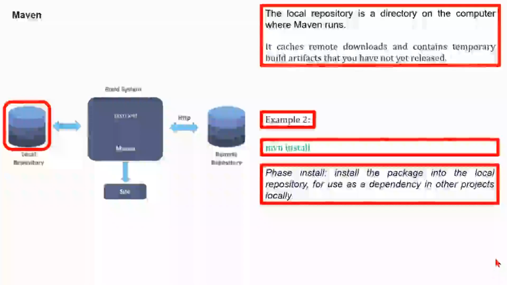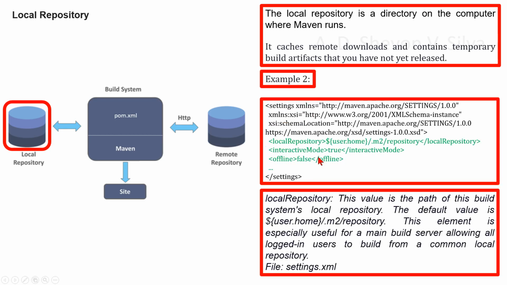As an example, we can consider Maven install. In the phase install, the package is installed into the local repository for use as a dependency in other projects locally. Here you can see local repository. This value is the path of this build system's local repository.